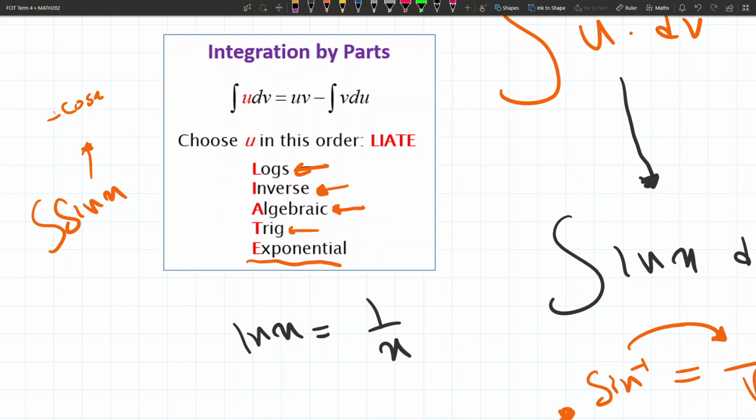Now exponential: as you could see, the integral of e to the x is just going to be e to the x. If you differentiate e to the x, it's also just e to the x. So exponential functions are extremely simple. So you should consider that last for u, because you're choosing that to differentiate. So you want to choose the thing that's easiest to differentiate and hardest to integrate.